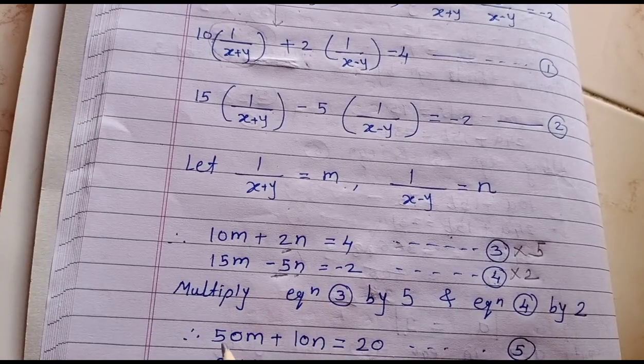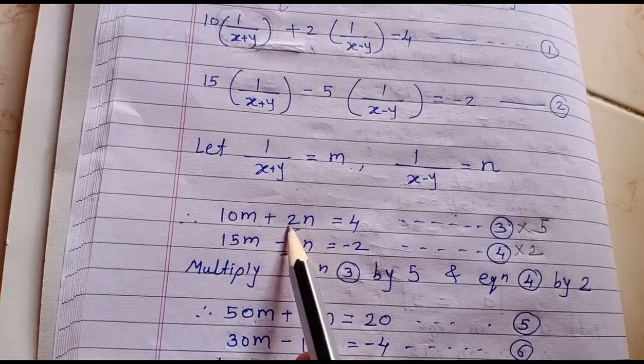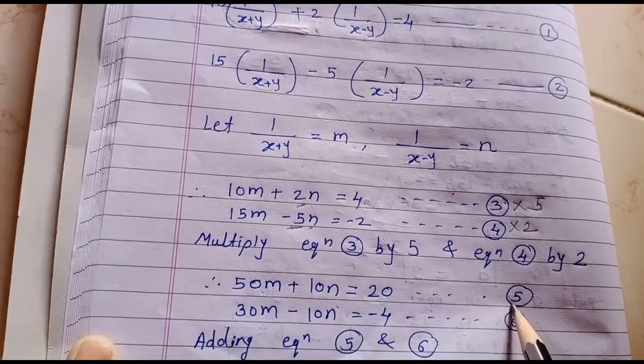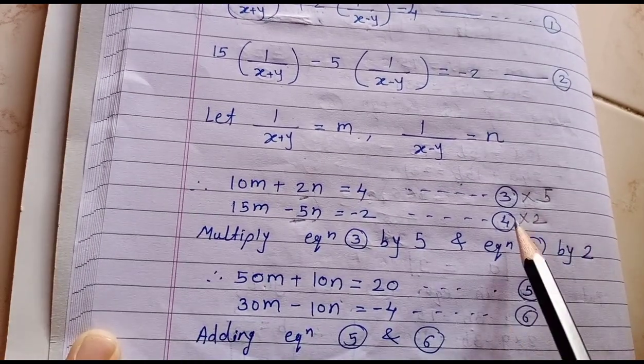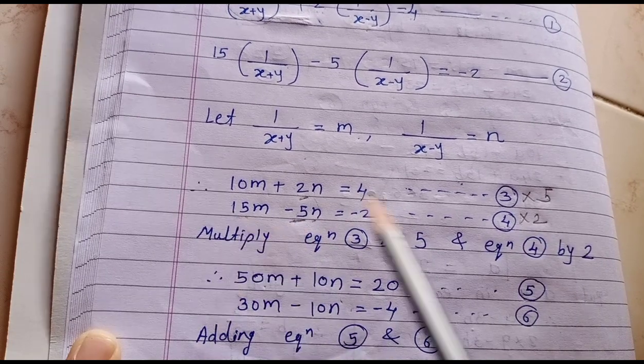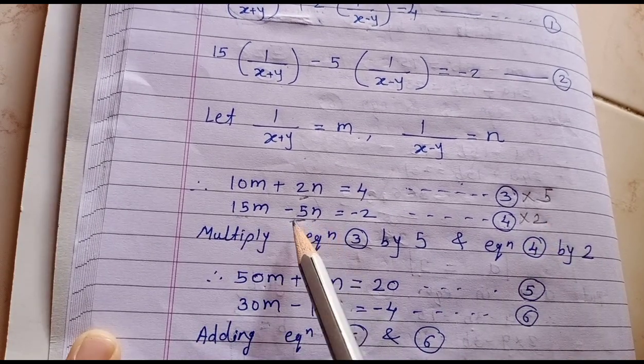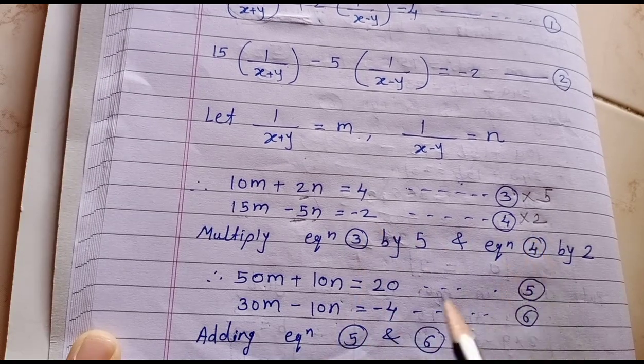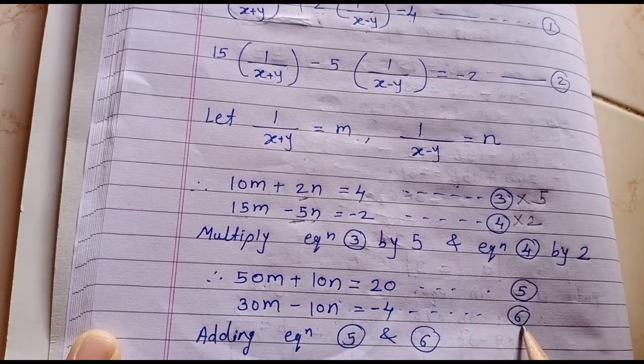Then 5 10s are 50m, 5 2s are 10n, 5 4s are 20. That is your fifth equation. And 2 15s are 30m minus 5 2s are 10n is equal to 2 2s are 4 minus 4. That is your sixth equation.